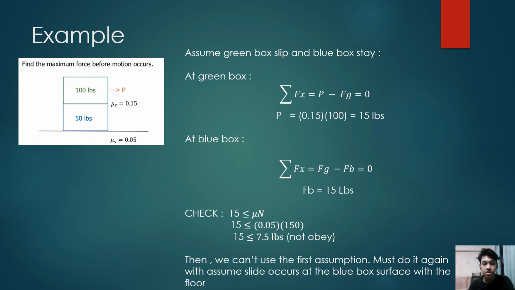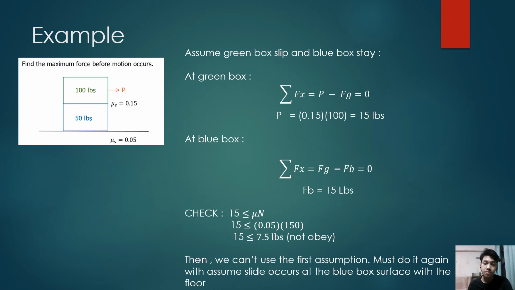Meanwhile, at the blue box, the summation of Fx is the friction of the green box minus the friction of the blue box equal to 0.